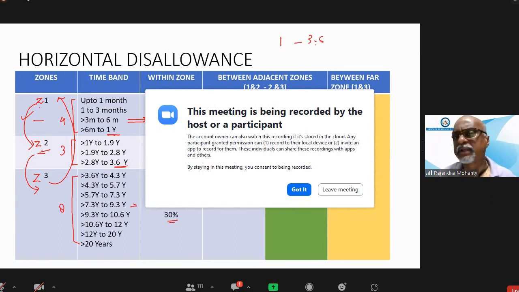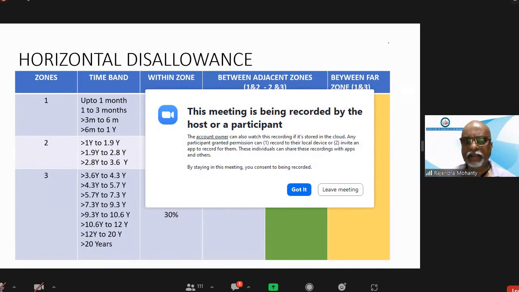First is up to 1, second is up to 3.6, and next is more than 3.6, up to 20 years or even up to 30 years, as such securities are also available. Whatever is more than 3.6 years will be zone 3.